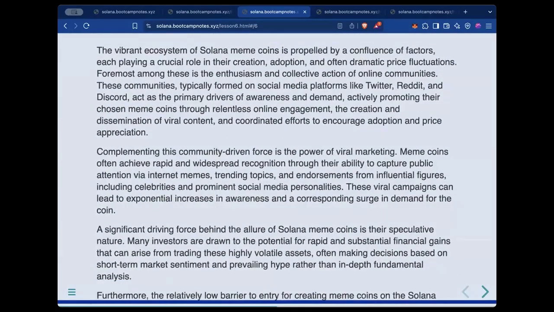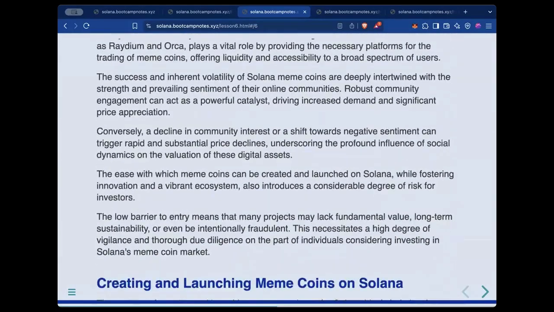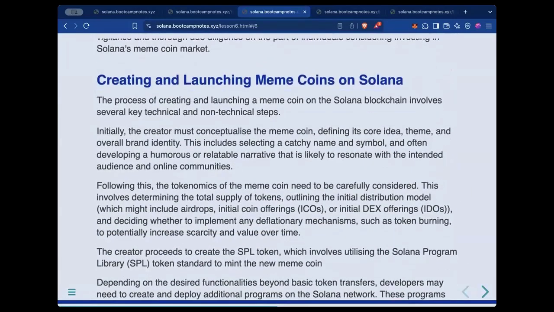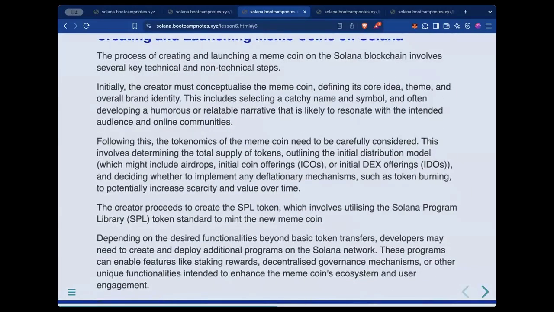Further details here, yeah, it's about the marketing, etc. I don't need to go through much more about that. And there's details here of how to actually create these. Really, it's as simple as just creating a token, a standard token anyway, which we're going to talk about in a second. But then with meme coins, a lot of the work is not on the technical side of actually creating it. It's around the marketing and the community as well.